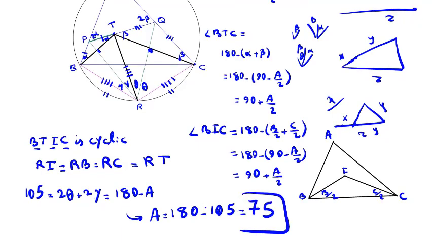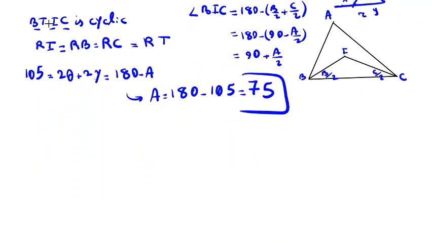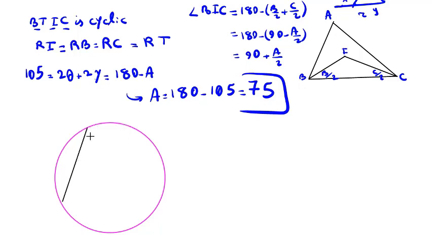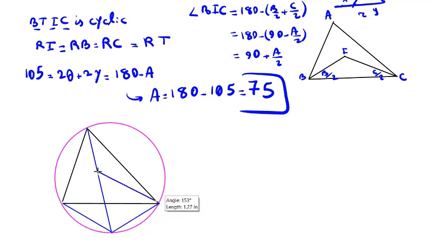So A equals 75. Let me prove this part for you, that RI equals RB equals RC. For the proof, you should use angle chasing. So if we have this, we have this, we have this.